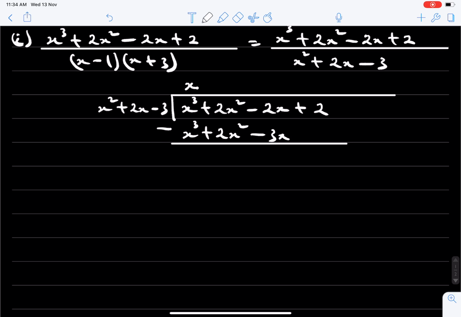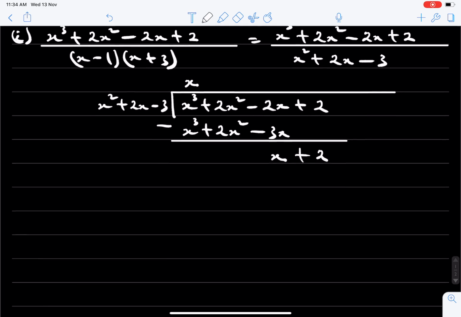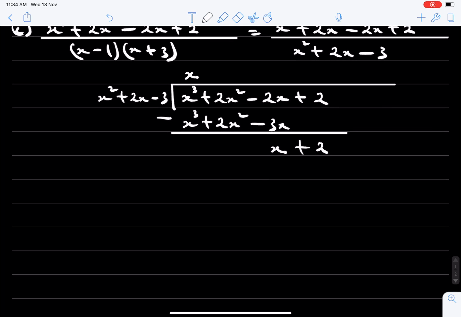Now I subtract. x cubed minus x cubed is 0. 2x squared minus 2x squared is 0. Minus 2x minus minus 3x, that's minus 2x plus 3x, which is x. Now I bring down the next term, which is 2. So x squared will not divide x.